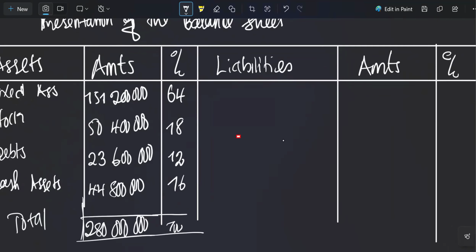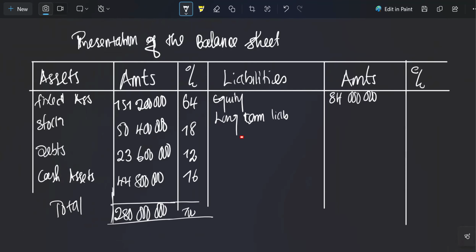So let's continue. Here we have liabilities. Under liability, we're going to have equity. Equity, there was 84 million. We had long-term liabilities, 75,600,000.